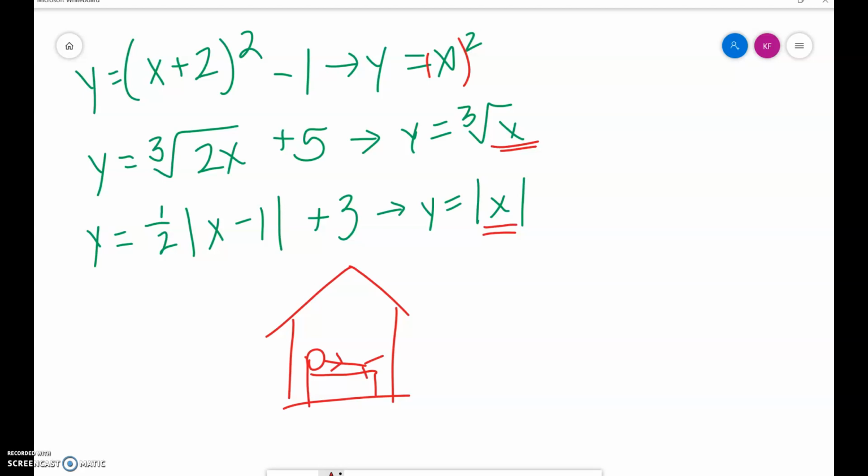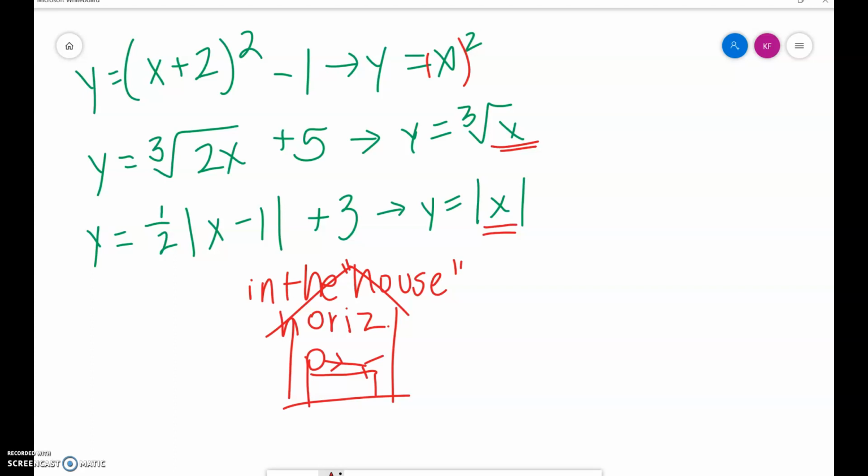So this image is to remind you that in the house, and I'm putting quote unquote house, meaning like inside the absolute value sign, inside the radical symbol, inside the parentheses, in the house, things are horizontal. And that's because that person is on that bed and they are laying horizontally.